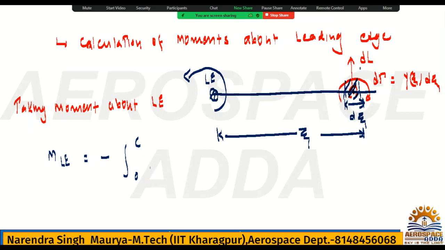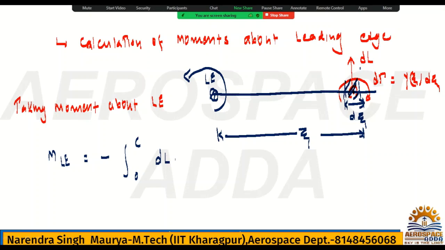and what is the value of this lift force? As I already told you, moment is nothing but force into distance. What is the force? It is nothing but dl, the lift force for this small segment.